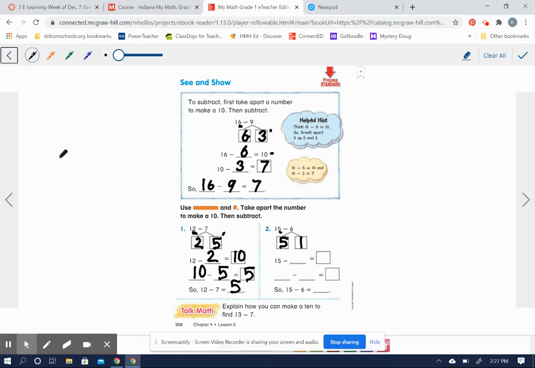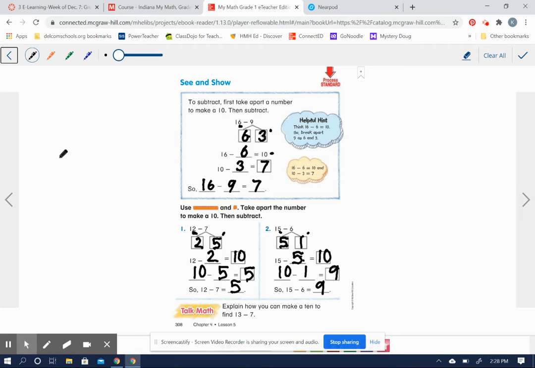So now we're going to take that 5 away from the 15 so that we get our 10. And now we're going to subtract from the 10 this 1 right here. So we've subtracted 5 here and we're subtracting the 1 down here. So 10 minus 1 equals 9. So 15 minus 6 equals 9.